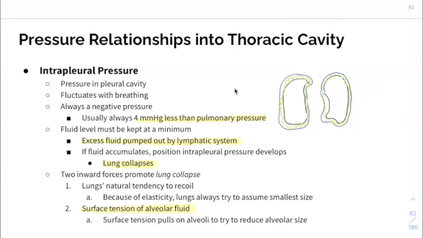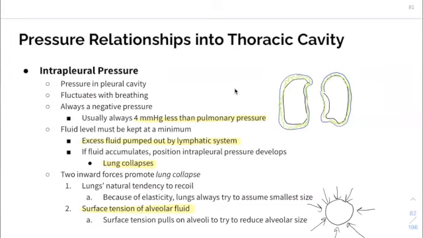If you think about a bubble, once you blow a bubble, what causes that bubble to pop is actually the surface tension, because that bubble is nice and round. There is surface tension being pushed in on that bubble from all angles. This is what causes that bubble to pop.